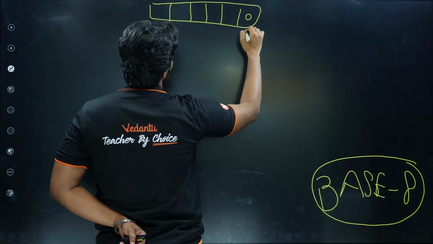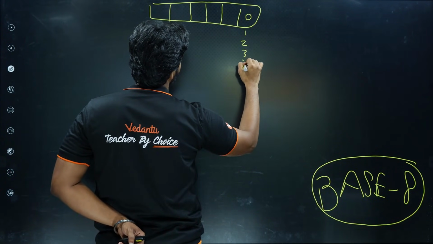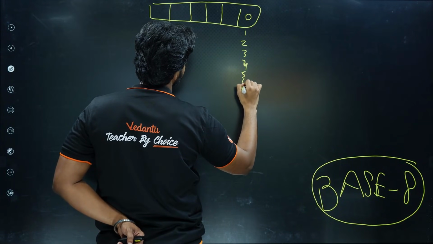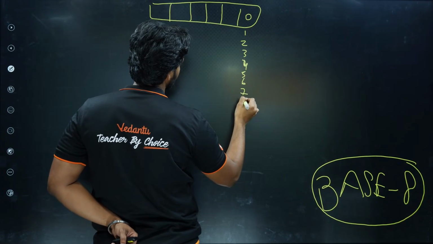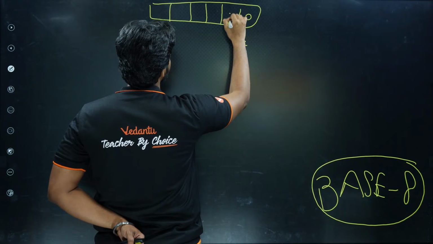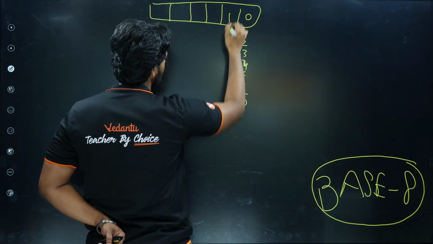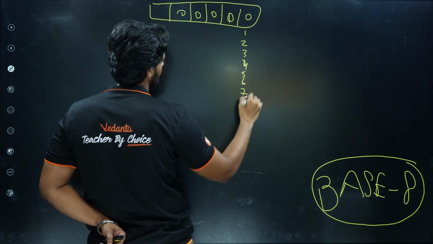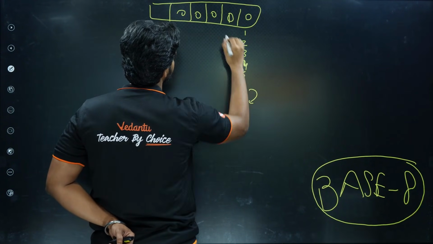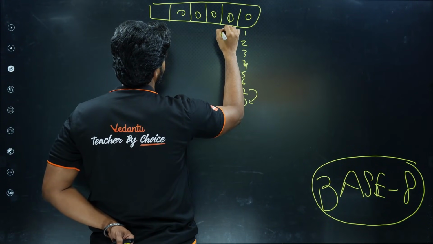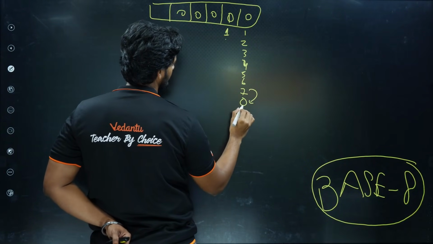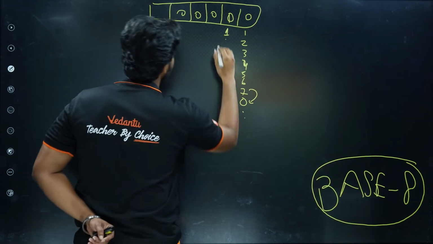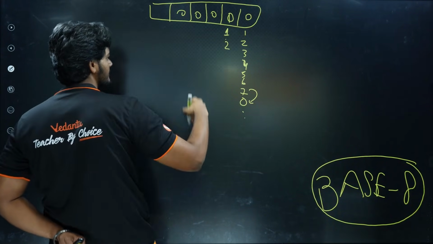It can go 0, 1, 2, 3, 4, 5, 6, 7. And the moment it hits 7, it goes to 0, and that moment this becomes 1. Till then it was 0. Initially everything is 0. But the moment it hits 7, this becomes 1. Then the moment it again becomes 7, it becomes 2. Again it becomes 1, it becomes 3.